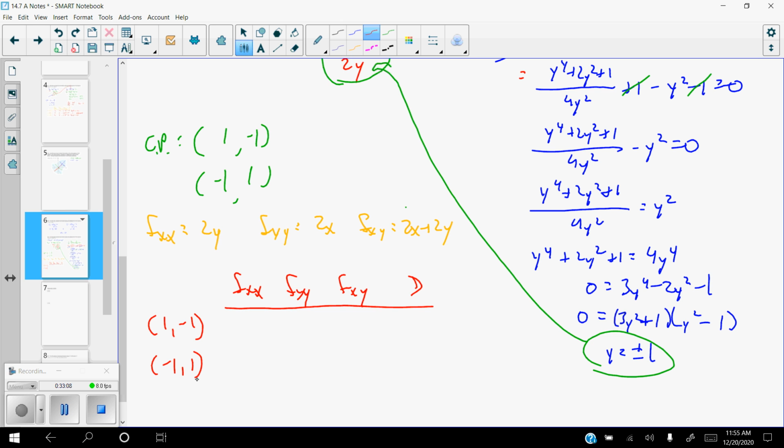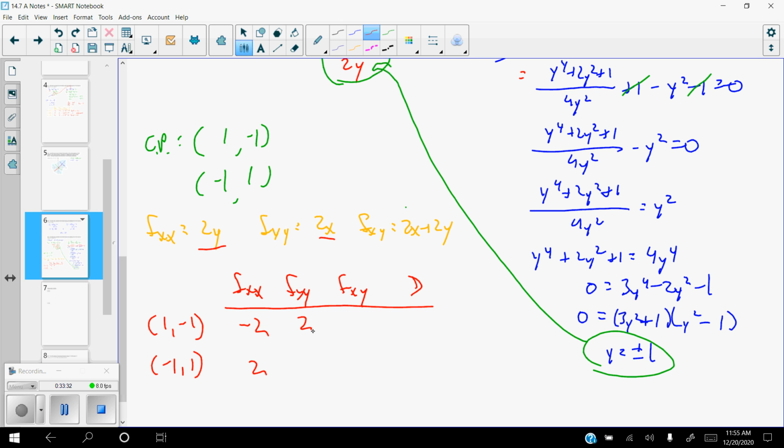So fxx at 1, negative 1 is going to be plugging in the negative 1 for the y right there, which gives me negative 2. Fxx of our second point is going to be positive 2. Fyy, so now we're using that one, plugging in the x value, is going to give me positive 2.